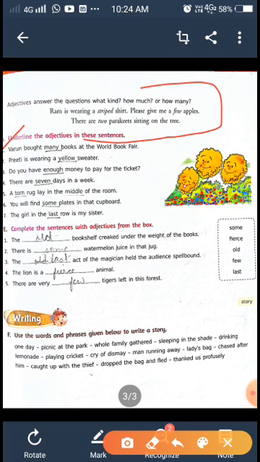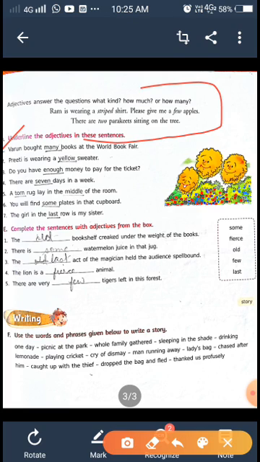Many. Number 2, Priti is wearing a dash sweater. Yellow. Number 3, do you have enough money to pay for the ticket? What is the adjective? Enough.